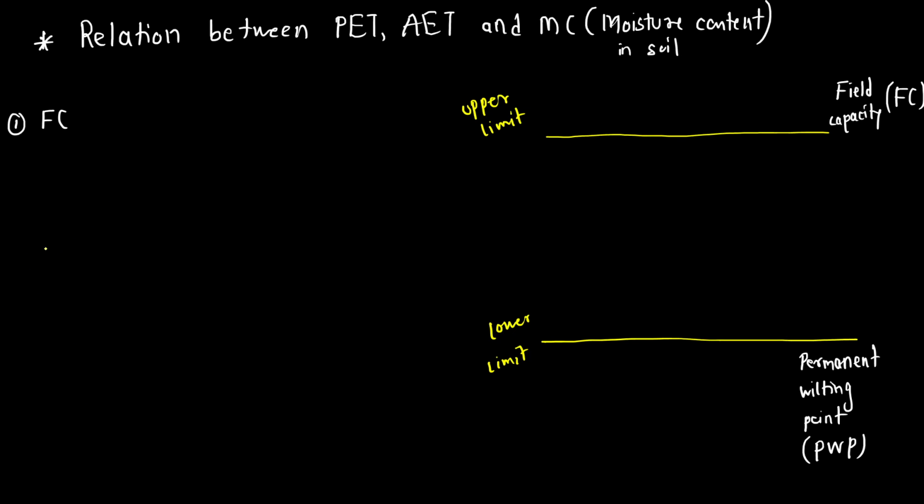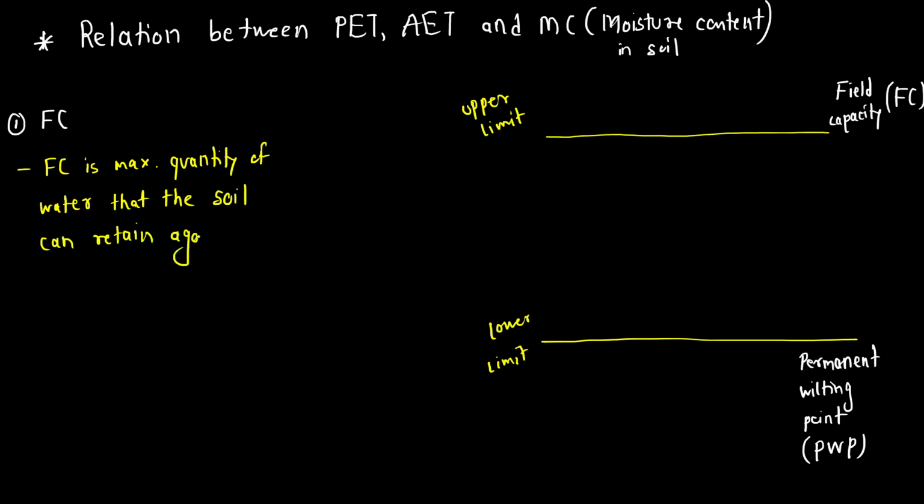Field capacity is the maximum quantity of water that the soil can retain against gravity. So maximum how much water the soil can retain is called field capacity.